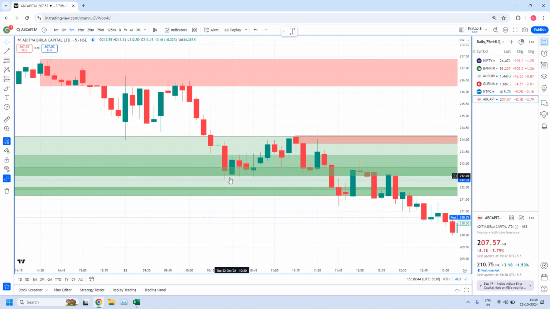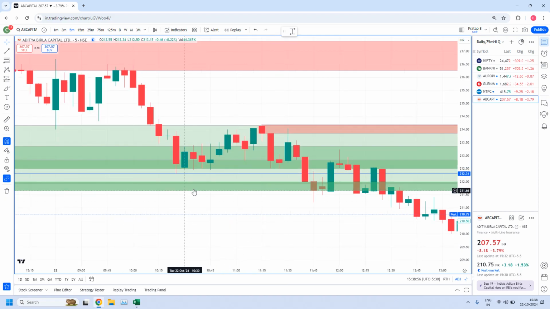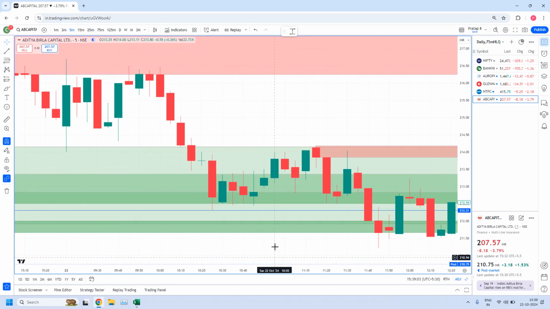Once the zone is pierced, and if it is not moving very quickly towards the target and it is moving within the same area, definitely it is some kind of fear scenario, because there are higher chances it may return and the zone might be completely violated. That possibility is there.